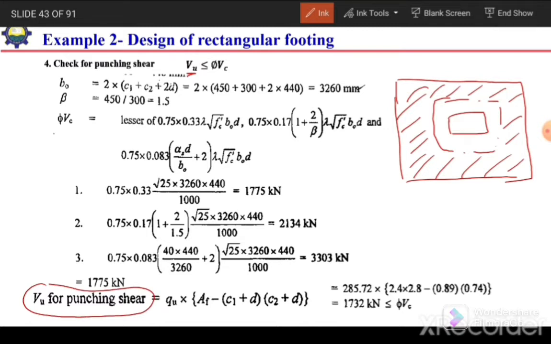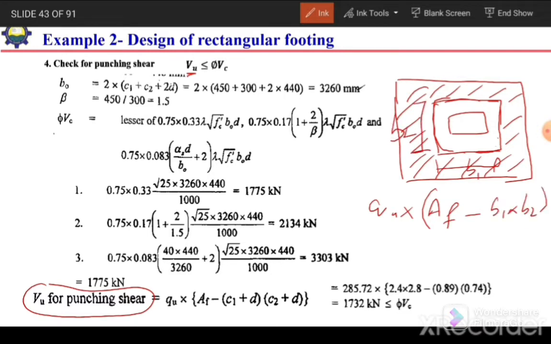What it means: if the pressure under this footing is QU, then it is multiplied by the area of the footing minus the area of the footing inside this critical section. If I term this as B1 and this as B2, it will be B1 times B2, where B1 is equal to C1 plus D and B2 is equal to C2 plus D.